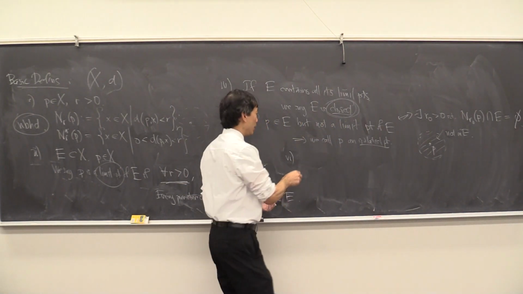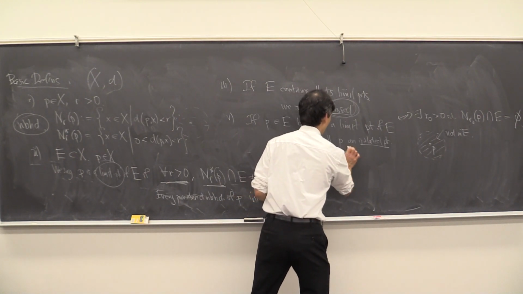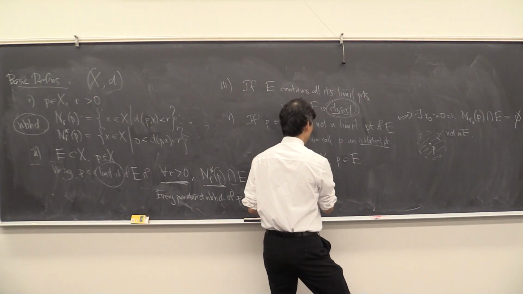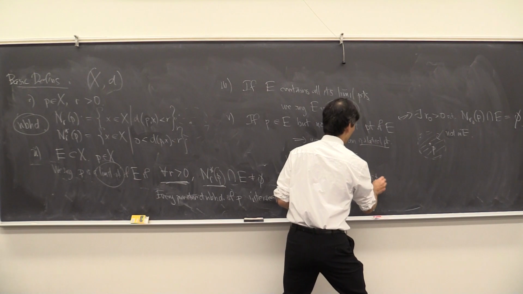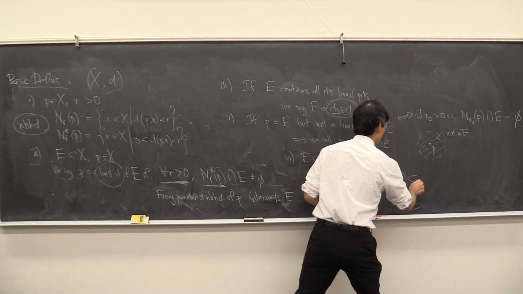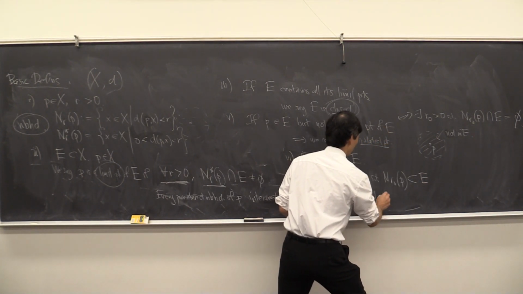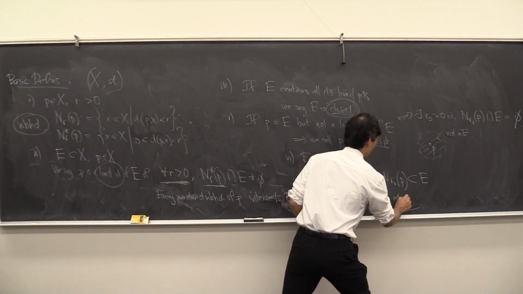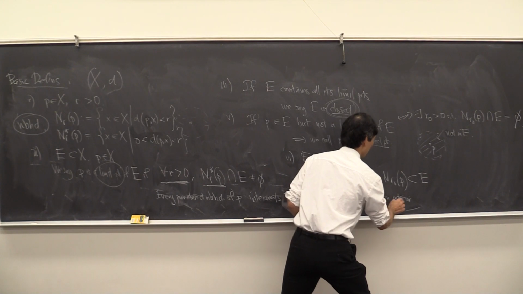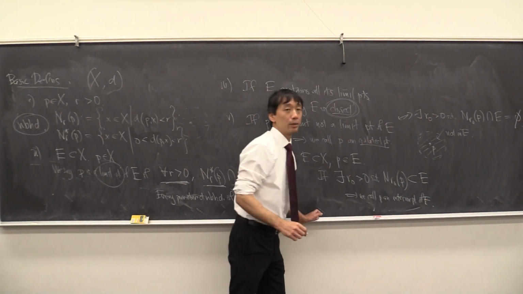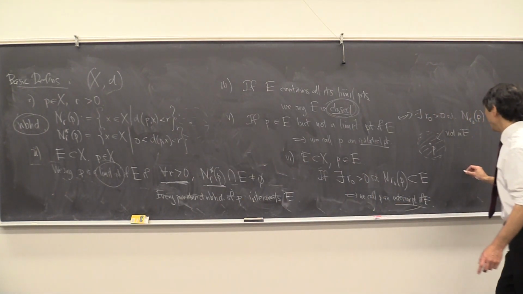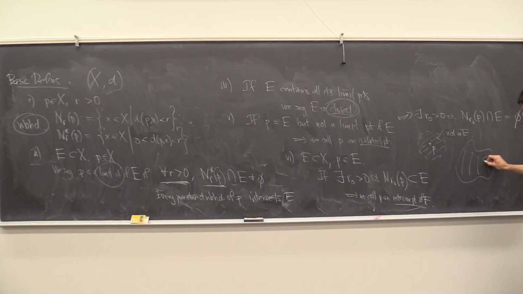Okay, interior point, right? So you have a set, you have a point inside the set, and if there exists a neighborhood such that the neighborhood of that point is contained in the set, then we call P an interior point of E. So what that means is that you have some set, say here's E, and you have some point, and there exists a neighborhood that's entirely contained inside of E. It doesn't mean that all neighborhoods are contained inside of E. That would be too crazy, right?